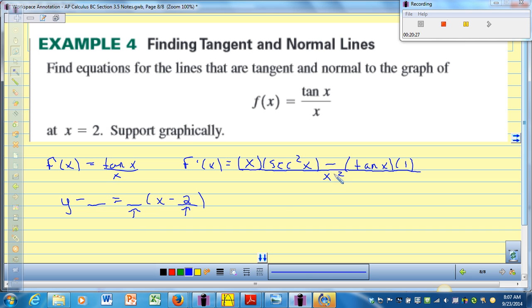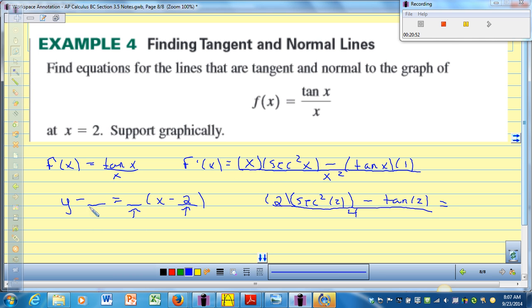Plug into the derivative, so we get 2 times secant squared of 2 minus tangent of 2, all over 4. Someone get a calculator out and find that for me, please. Secant is 1 over cosine. I need a value for that. Come on, calculators out, more than one person would be helpful.